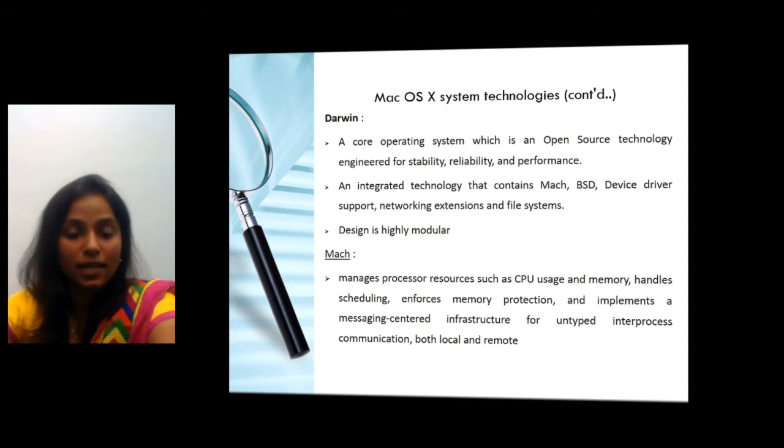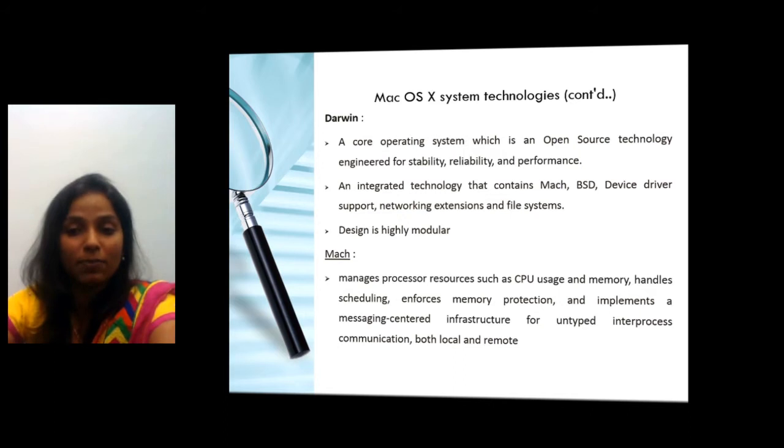The design is highly modular, and the first integrated technology that I am going to describe in Darwin is Mach. Mach is the microkernel of the Mac OS X operating system, which is called the heart of Darwin. This is because it is the technology which manages all the processor resources such as CPU usage and memory.